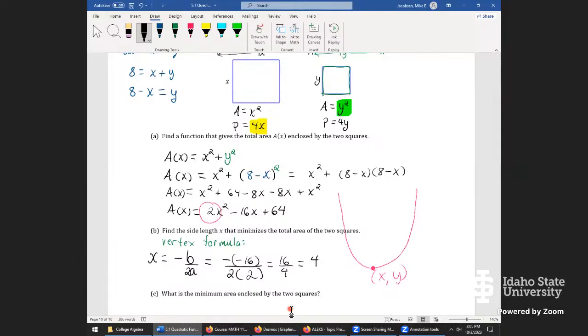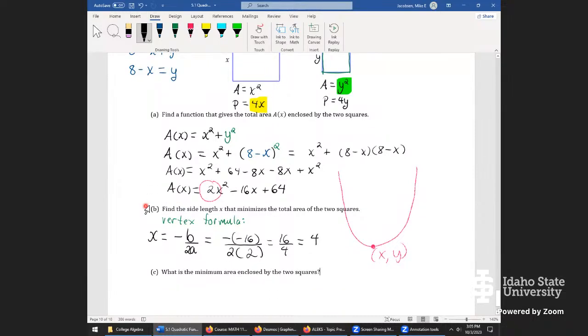If you're thinking vertex formula, all you're really doing is taking your 4, plugging it into the total area function. It's going to give you the total area for any x in the domain. So I think that's probably the better way to do this kind of problem, although it is not the only solution. I'll write area of 4 equals, inside here, just plug a 4 for x, so it's twice 4 squared.